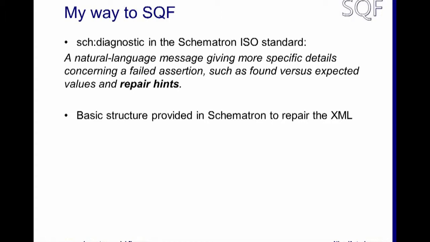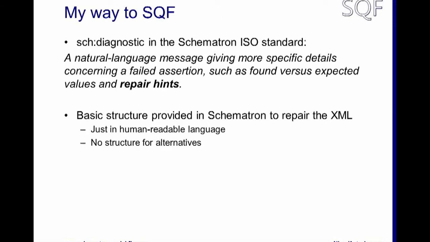But what I want to say is there is a very small basic structure always in the Schematron specification to give repair instructions. But they are just human readable, so it's no processing instruction, it's just an instruction for human processing.